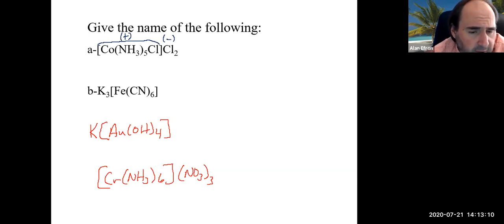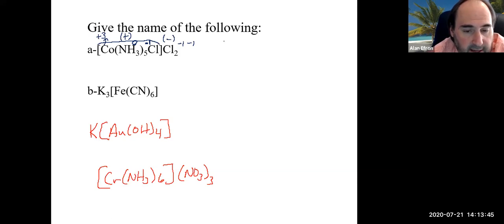In terms of the cobalt, because our complex ion is positive, we can use the whole name for cobalt. So we need to figure out the oxidation state on it. NH3, which is ammonia, is neutral, so that's 0. This Cl over here, that's part of the complex ion, is -1. And we also have 2 Cl's on the outside, which are -1 each. So that gives us a -2 and a -1 is a -3, which means our cobalt here would be +3.